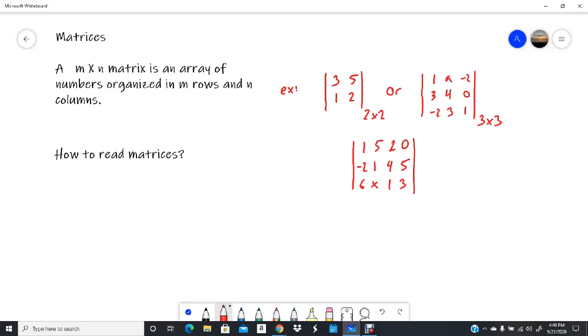This would be a 3 by 4 matrix. So, in algebra, to calculate variables in multivariable, multi-equation systems, we use matrices.